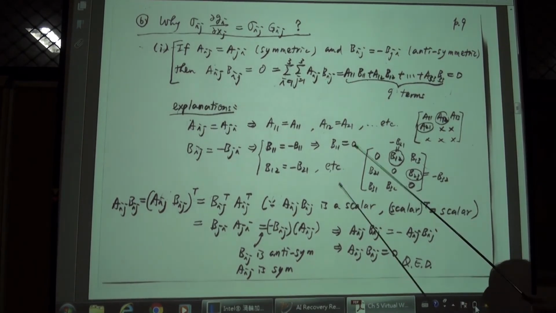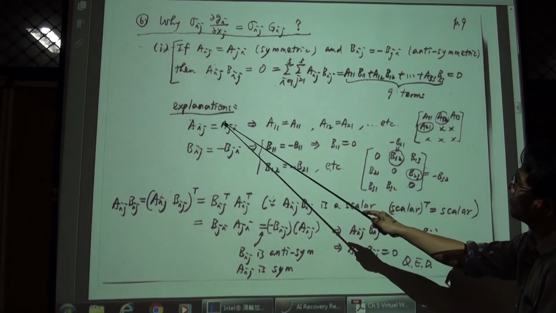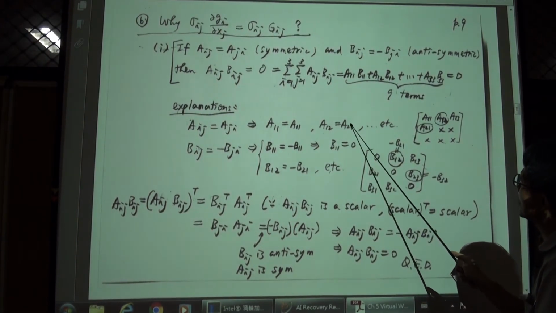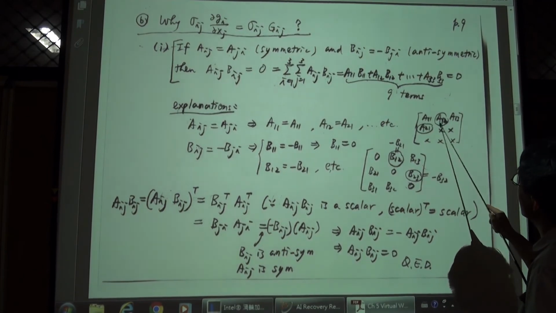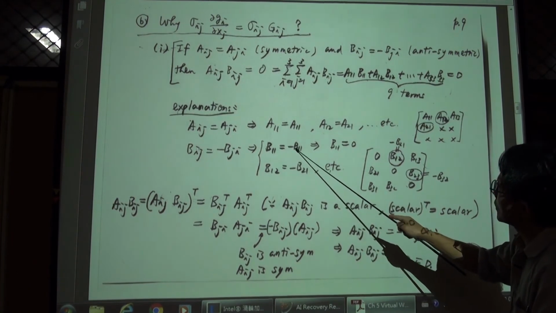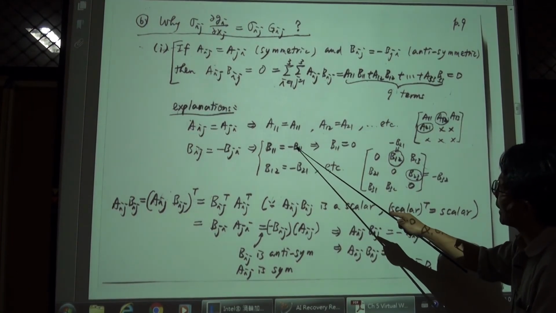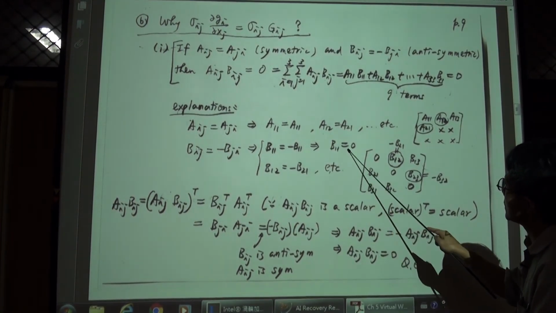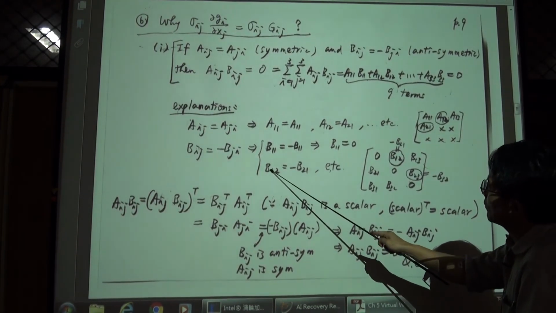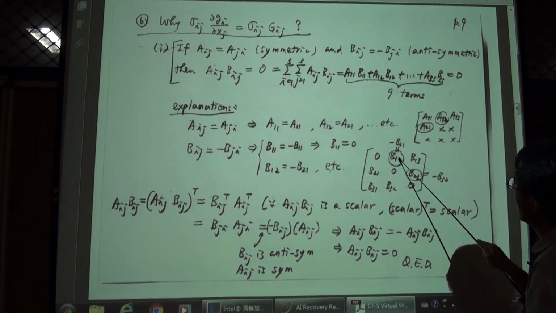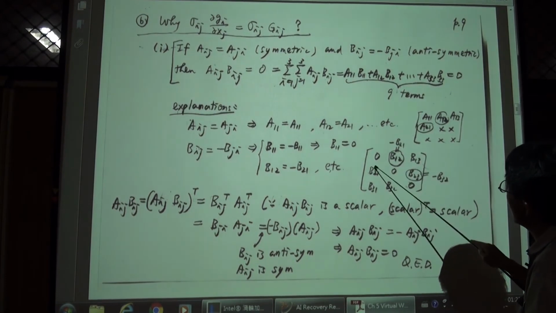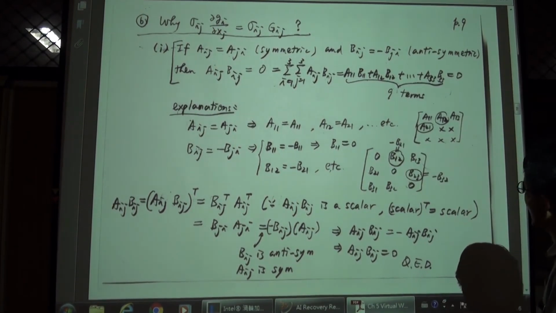Why? A_ij equals A_ji, so A12 equals A21. But for anti-symmetric, B11 equals minus B11, so B11 is 0. B22 is 0 too. B12 equals minus B21. So this one equals this one with a minus sign.